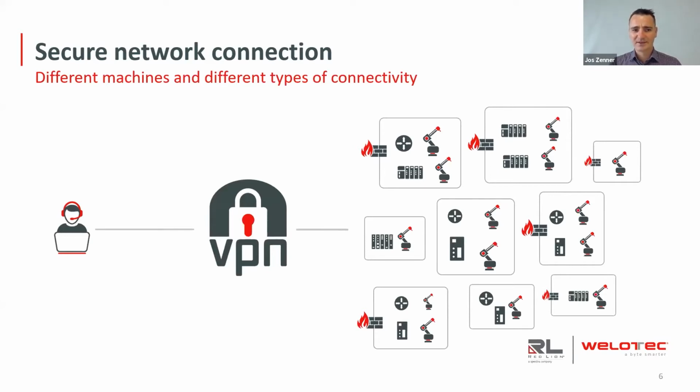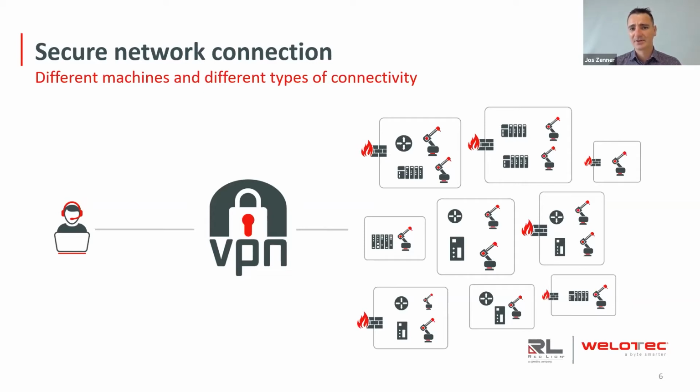A crucial part is that you need a secure VPN or encrypted connection, especially for data connection to the cloud. It's easy from the machine. But if you want to have access from a remote worker, or from some kind of database or digital application to the machines and at the edge, you need to have VPN security and a secure connection.